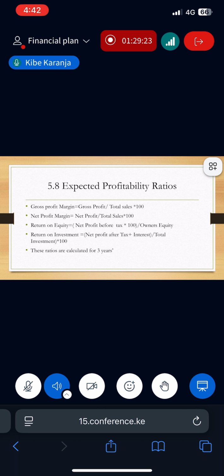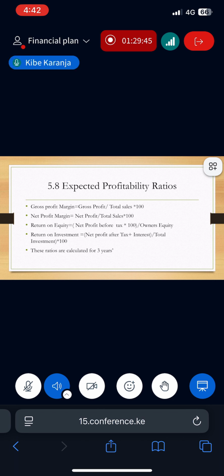So to calculate this one, you're going to use net profit after tax plus interest, because the moment you take a loan, you must pay interest, over total investment times 100.